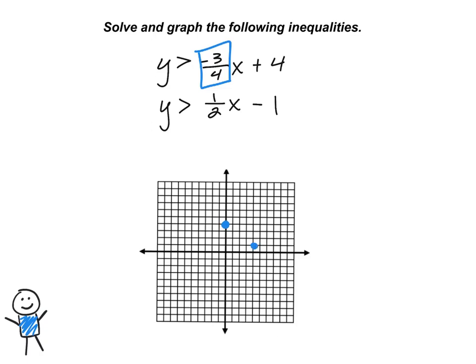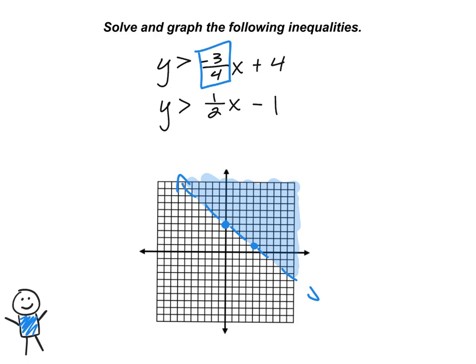Because it's just greater than and not greater than or equal to, this one will have a dashed line. And I'm going to go ahead and shade the part that I need to for this one. Y is greater than the line, so I'm going to shade everything greater than, or above, the line that I just graphed.